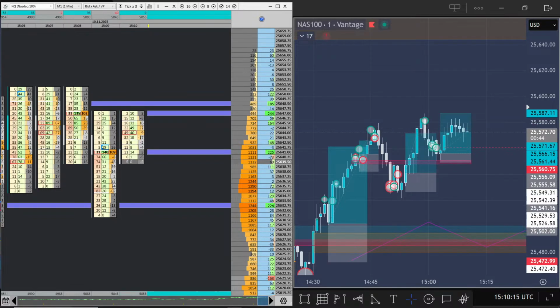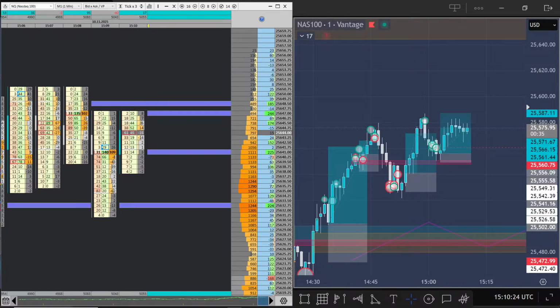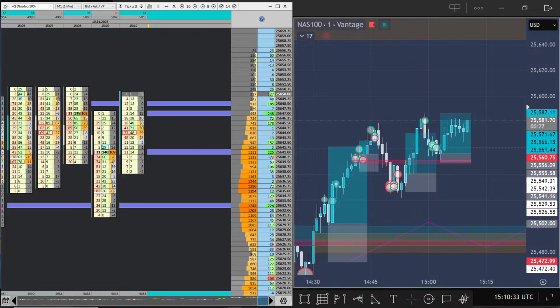As I say, break of the high, and then we're moving our stops. Worst case, stopped out just in profit, for a small profit. Take what you're given.